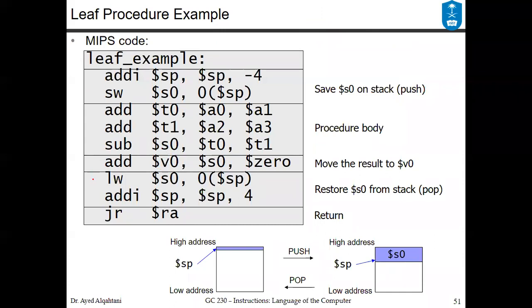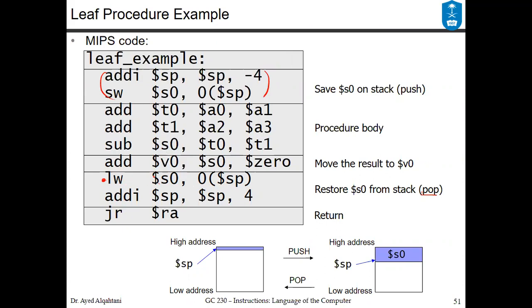After this, we do the pop operation, and we do the opposite of what we did in the push. Notice in the push, we moved the stack pointer down, and then we stored the value of the register S0. Now what we do is the opposite. We are loading S0 from the position of the stack pointer.